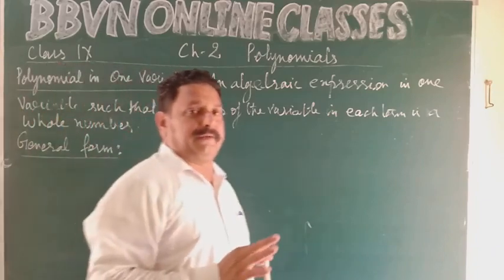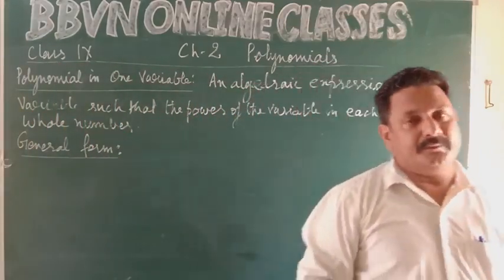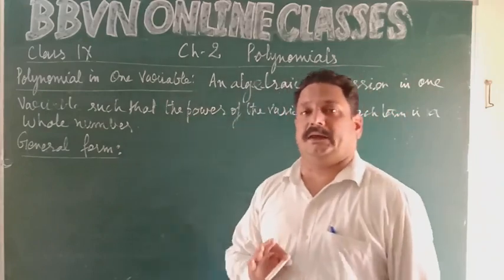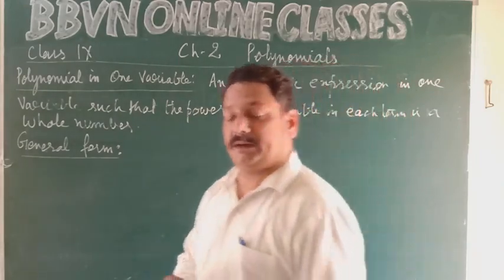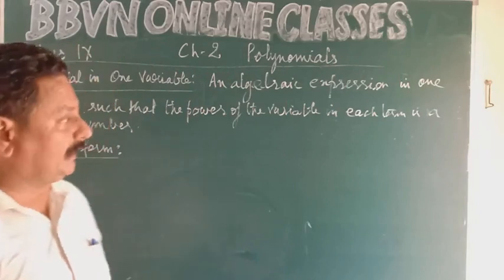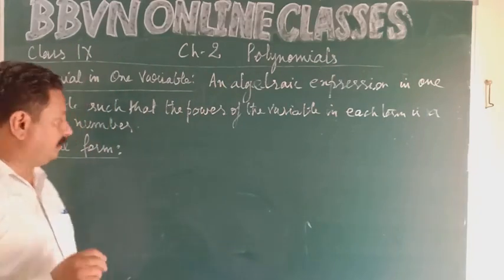The power of the variable in any of the terms will not be any number other than a whole number. Okay, such algebraic expressions are known as polynomials in one variable.